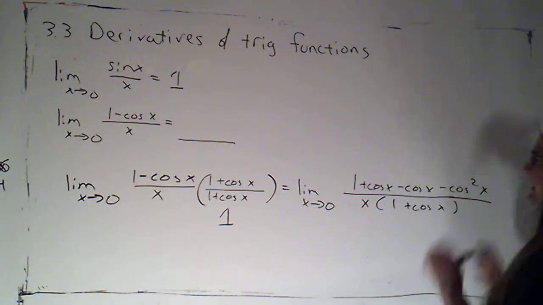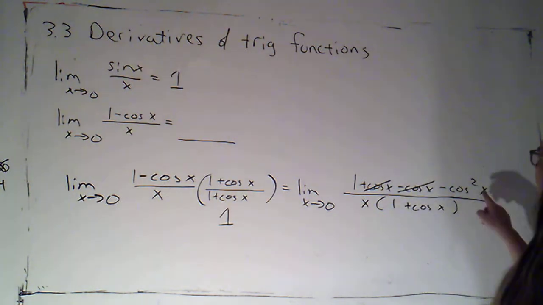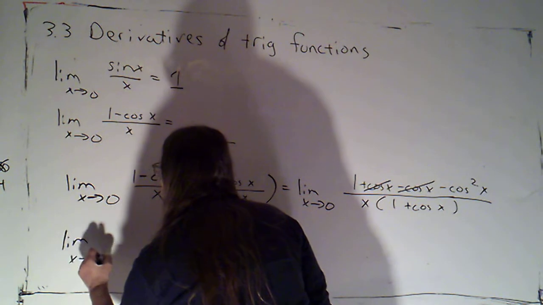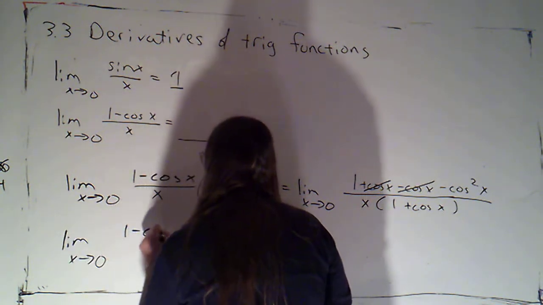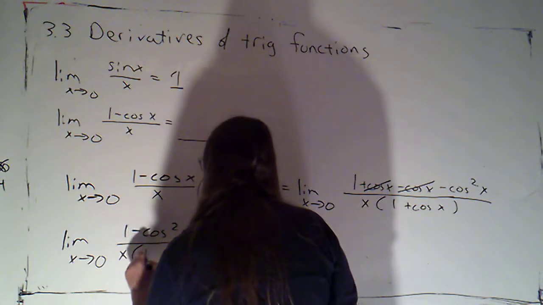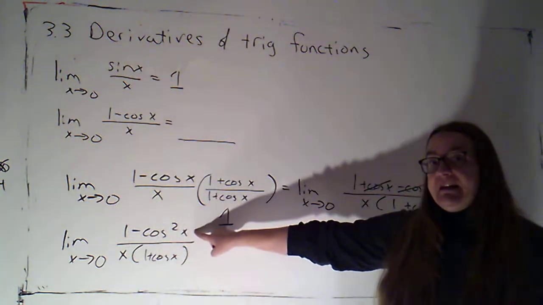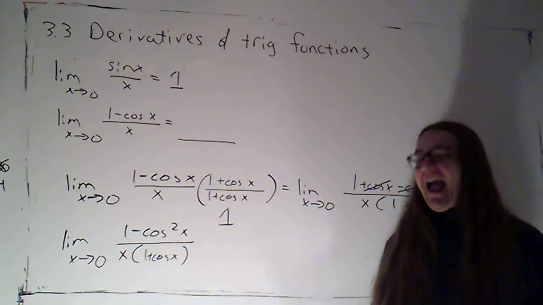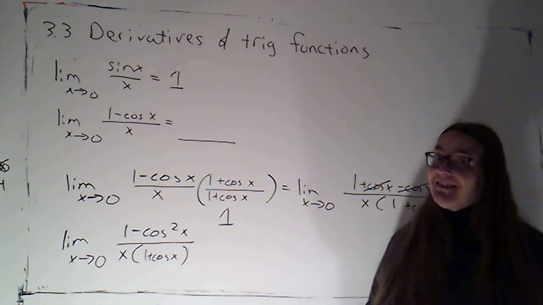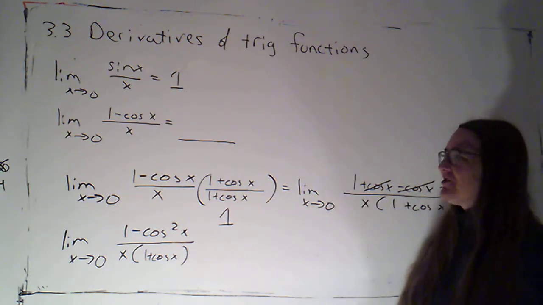I was doing the multiplication on the top because I wanted to simplify things. Now, instead of having just a single factor of cosine, I've got a cosine squared. So on top we've got 1 minus cosine squared x over x times 1 plus cosine x. When I have an even power of a trig function, I have a Pythagorean identity that will allow me to rewrite that in terms of an even power of a different trig function.